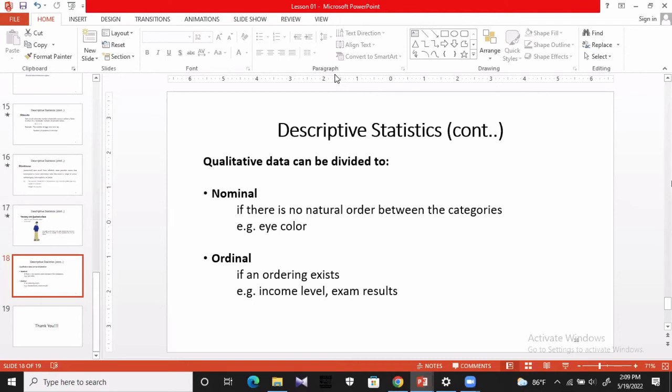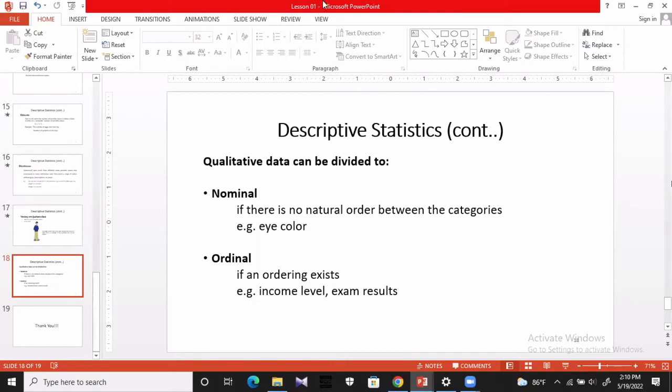Is that clear, guys? How can we convert our data? Sometimes we can convert qualitative into quantitative and quantitative into qualitative. Understand? There's one more thing to tell you about categorical data. Sometimes categorical data can hold numerical values. For example, if I ask you, what is your, not age, what's your birth date?